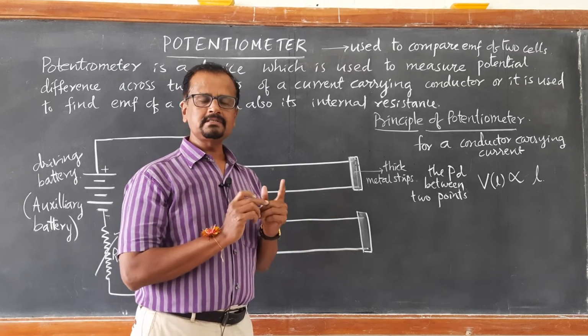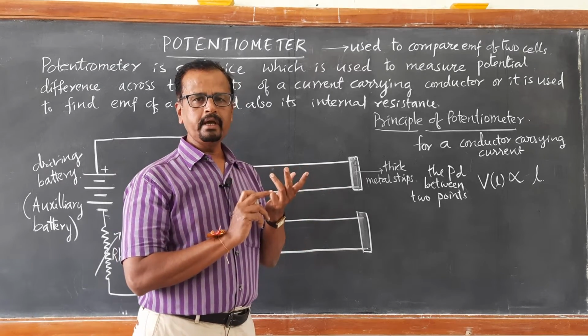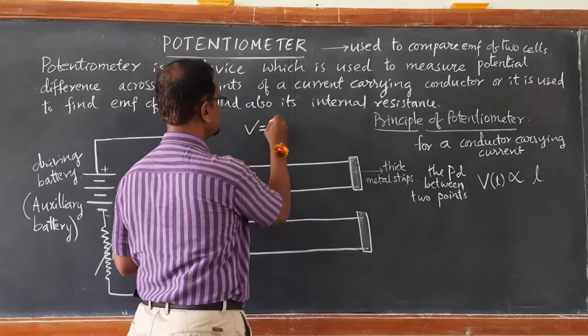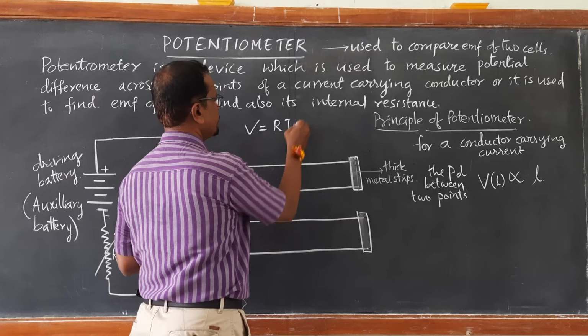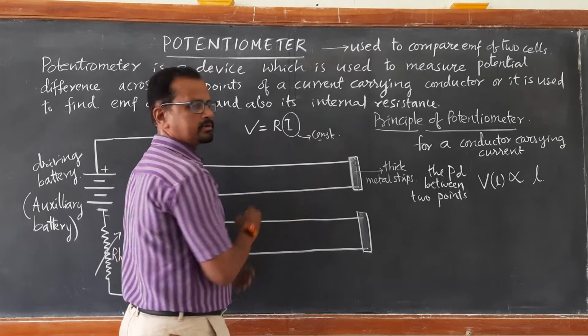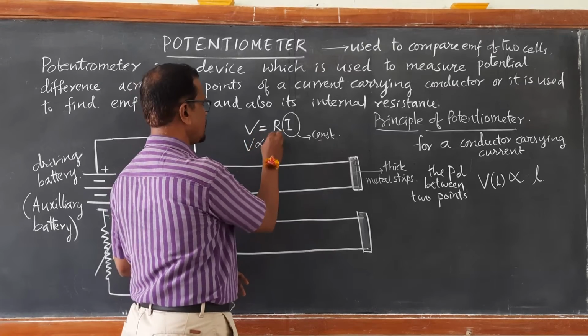Then what are the variables? V and R. Using Ohm's law, V is equal to Ri. When I is constant, then V is directly proportional to R.